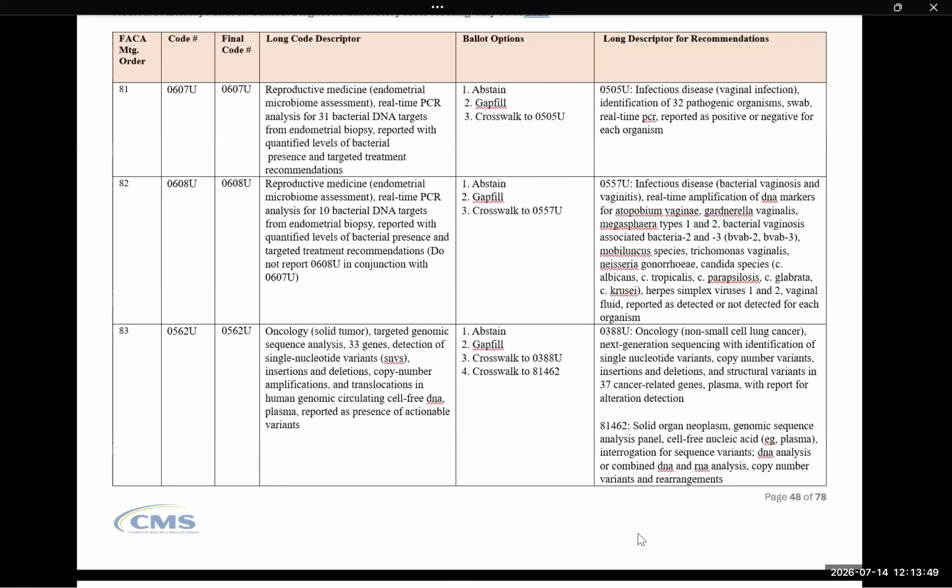So we felt that gap fill for 0607U was appropriate. And if I can throw in for 0608U, 10 organisms rather than 31 organisms, but again, by the same reasoning, there are no other codes on that specimen type that give quantified results. So that one would also be recommended for gap fill.